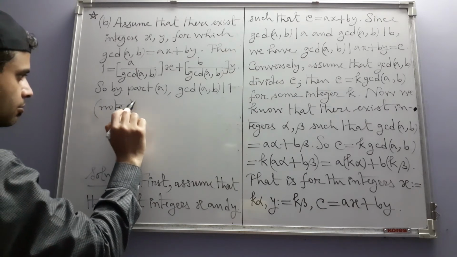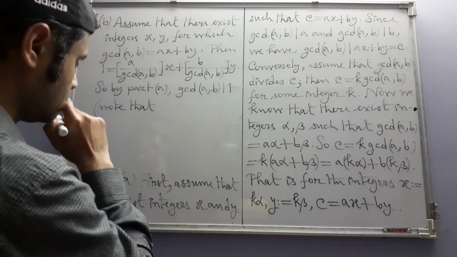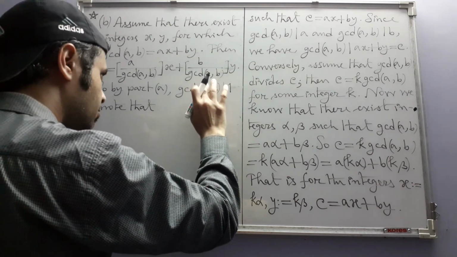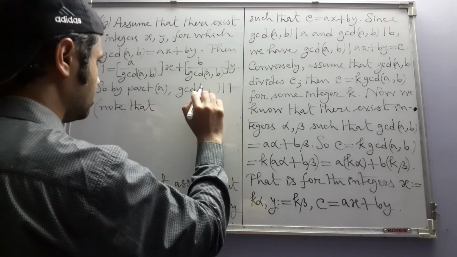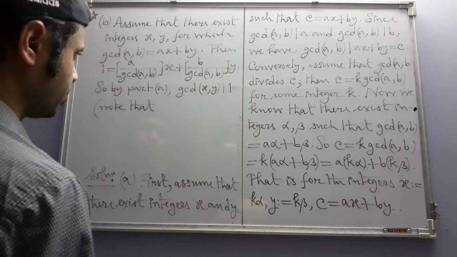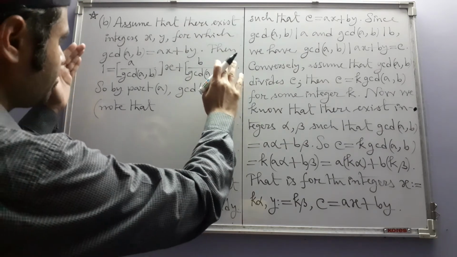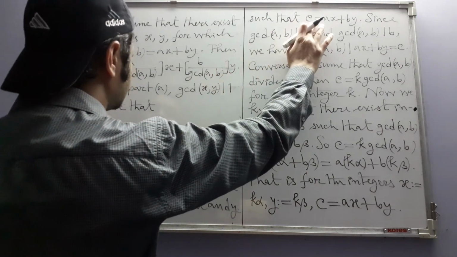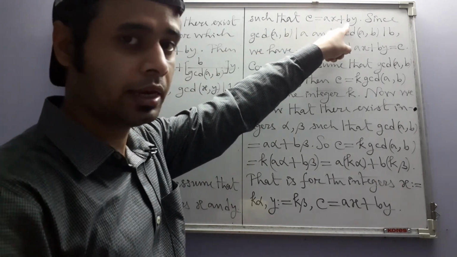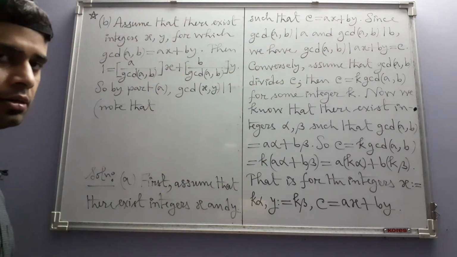Note that that's not what I should have written here. However, what I want to write here is GCD of x and y. There are some things to be noted. First of all, you compare this equation with this equation, but now a and b are not the center of attention, but rather x and y are.